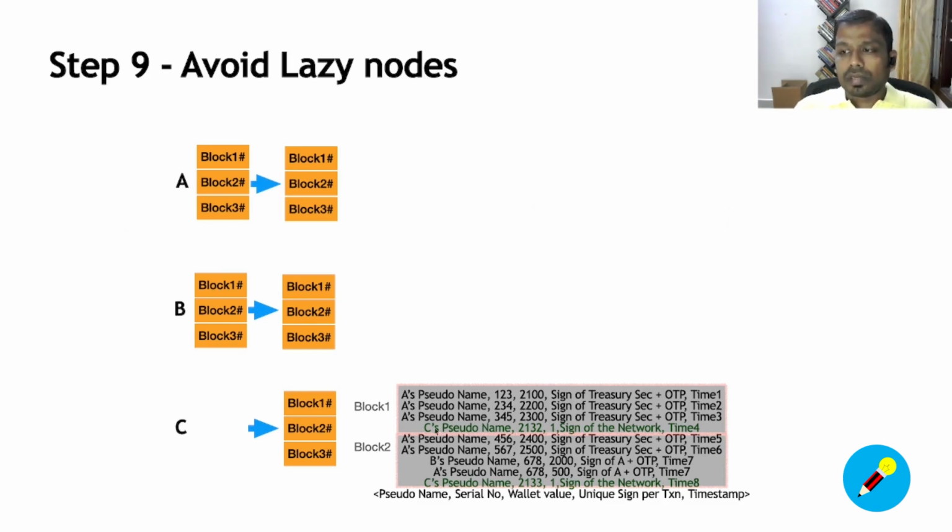So if node C builds a specific block and adds that to the blockchain, C will get a small credit. It can be 1 Bitcoin or some small number, and it can also be a very minute percentage of a transaction.